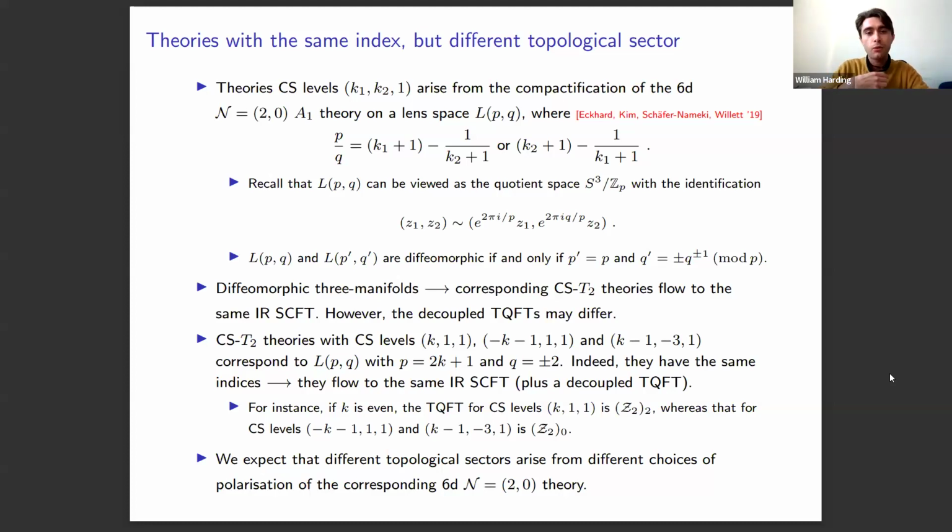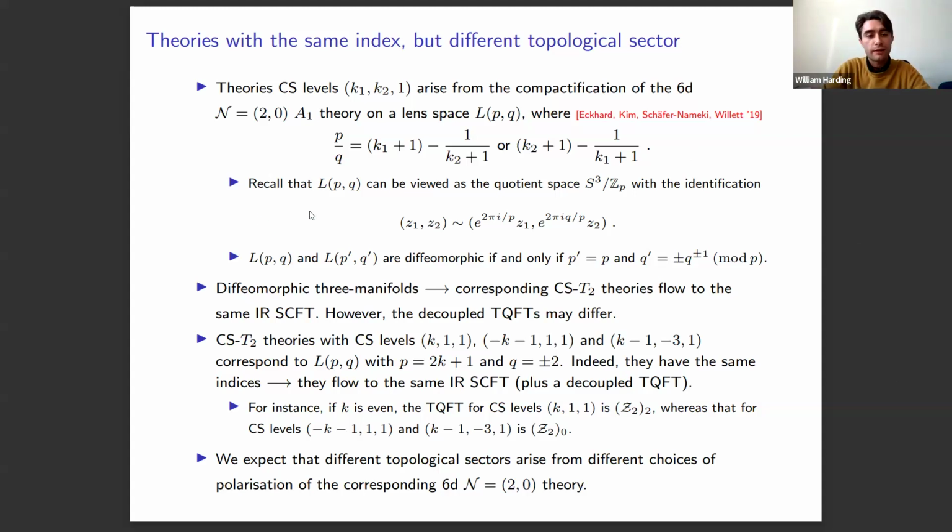Let us consider one copy of T2 with Chern-Simons levels K1, K2, and K3. These theories arise from the compactification of the 6D N=(2,0) A1 theory on a lens space L(P,Q), where P and Q are related to the Chern-Simons levels as I wrote down.